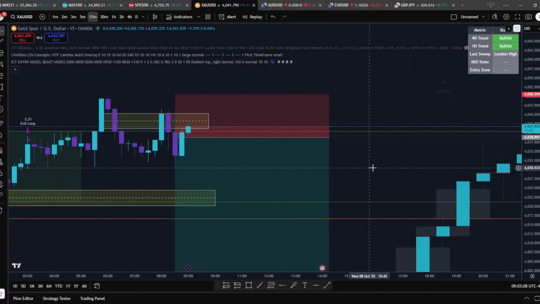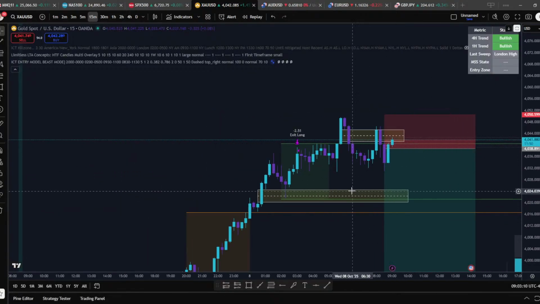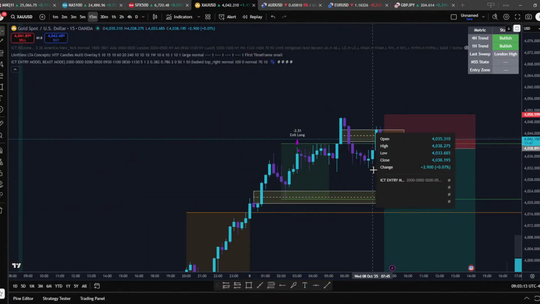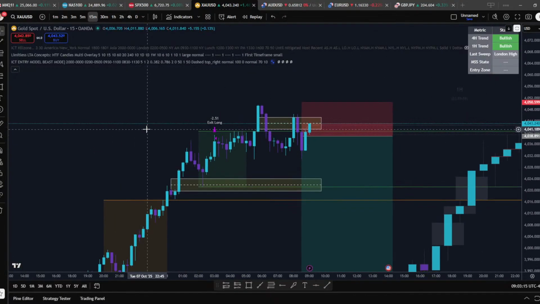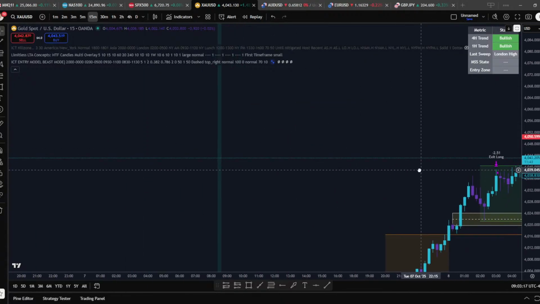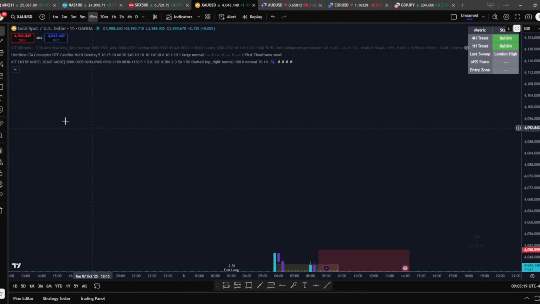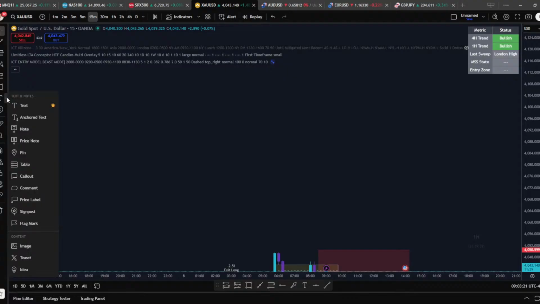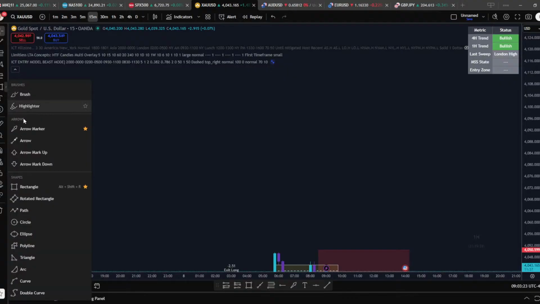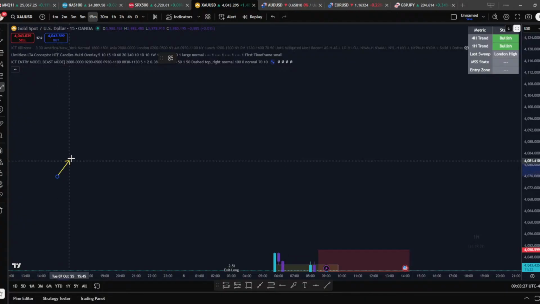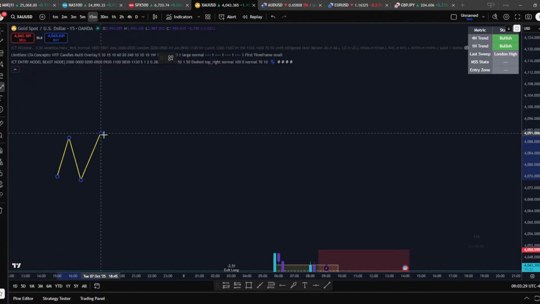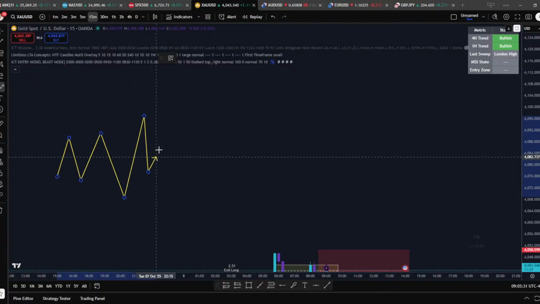Let's do this one more time, guys. Typically, AMD looks like this. Let's do the pathing. AMD looks like this. Accumulation.